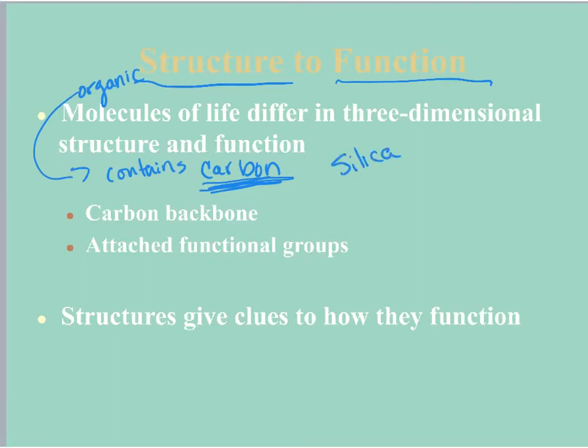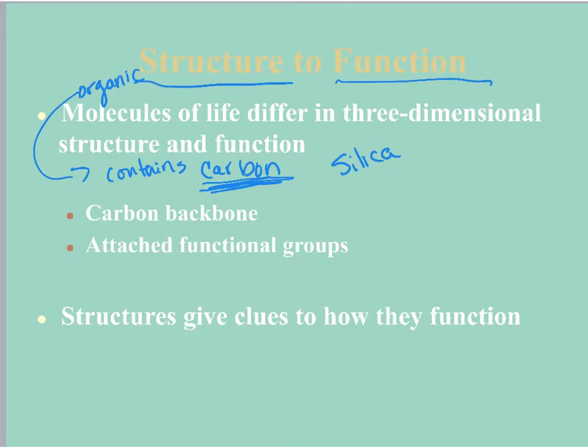Silica is essentially sand, right? Or minerals. Those would be things that do not contain carbon. So when we go to the grocery store and we're paying premium prices for organic foods, be mindful that all organic really means is that it's carbon-based. You wouldn't put anything in your body that's not carbon-based.